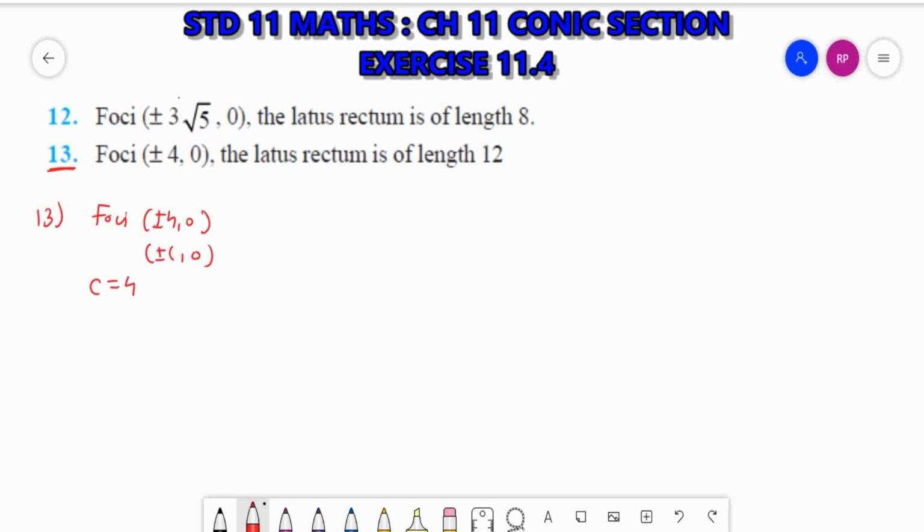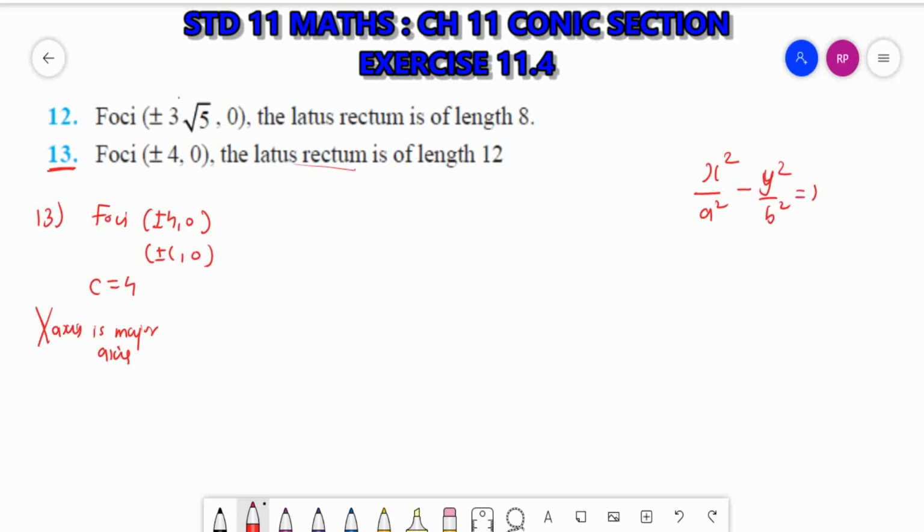Now from here you can clearly say that x-axis is major axis. So the equation will be x square by a square minus y square by b square equal to 1. So I need to find out a and b.